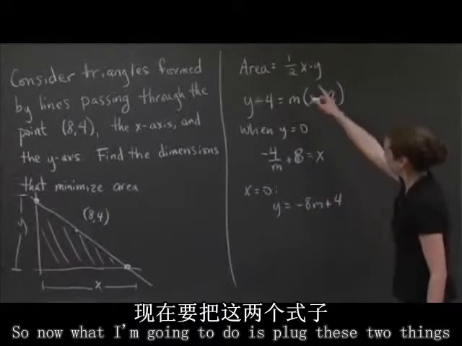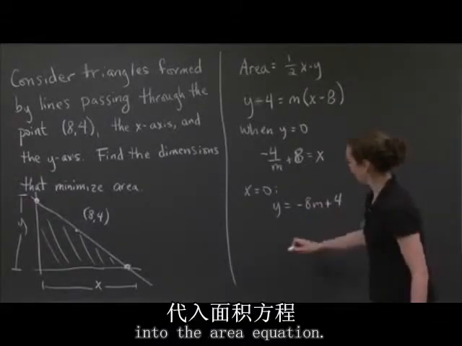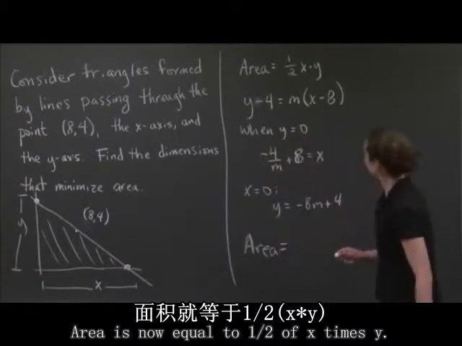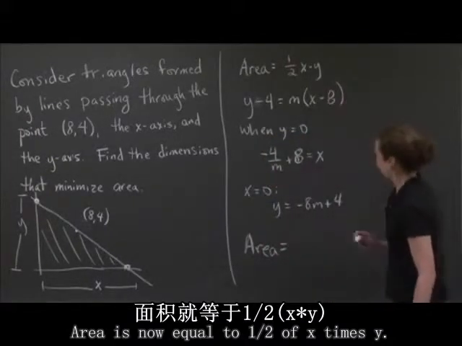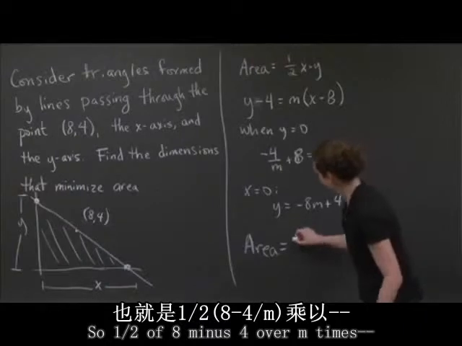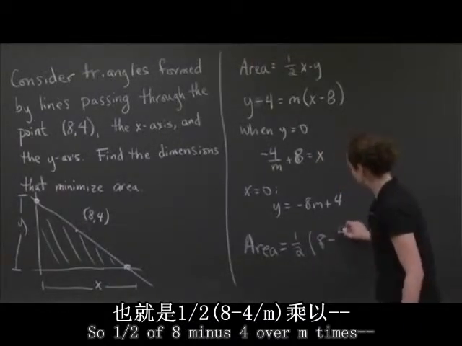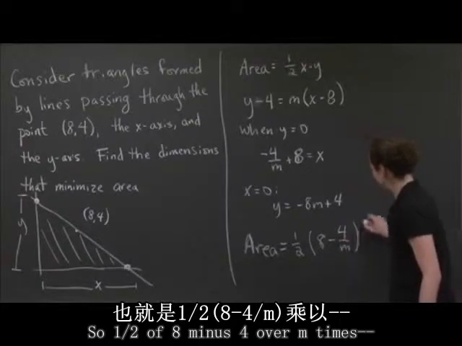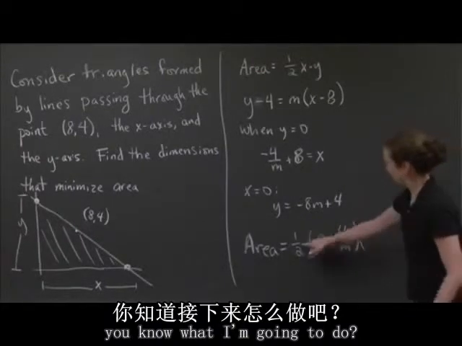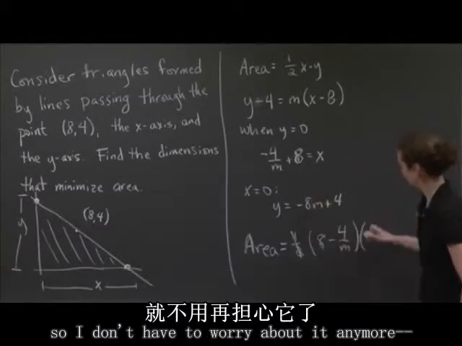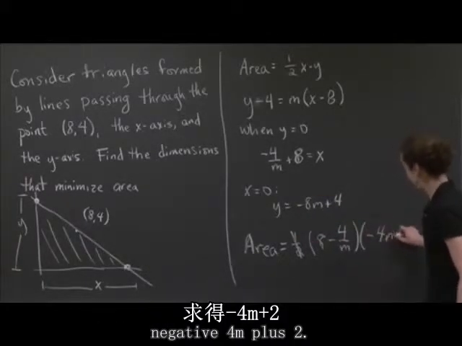So now what I'm going to do is plug these two things into the area equation. Area is now equal to 1/2 of x times y. So 1/2 of 8 minus 4 over m times, you know what I'm going to do? I'm going to take this 1/2 and kill off terms in there so I don't have to worry about it anymore: negative 4m plus 2.